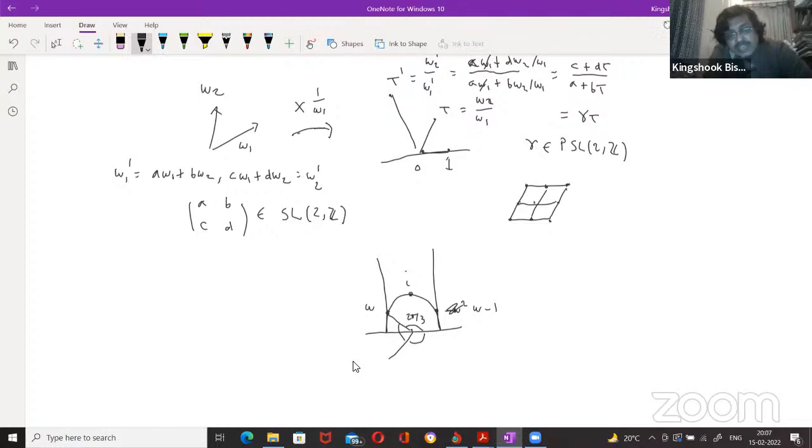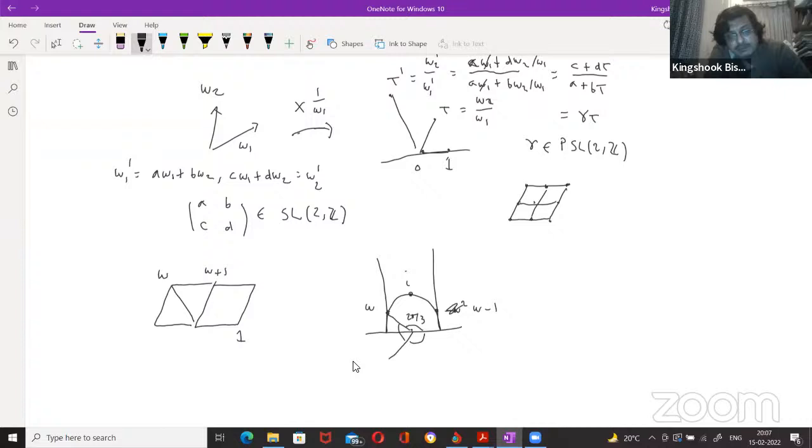They correspond to the triangular lattice, which is generated by 1 and omega. You can also think of it as generated by 1 and omega plus 1.